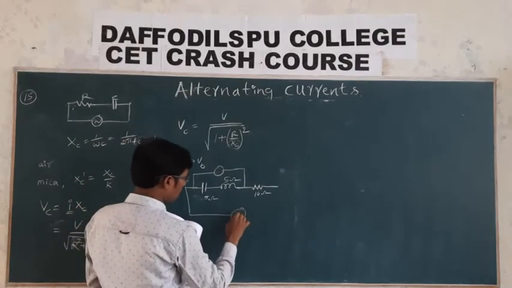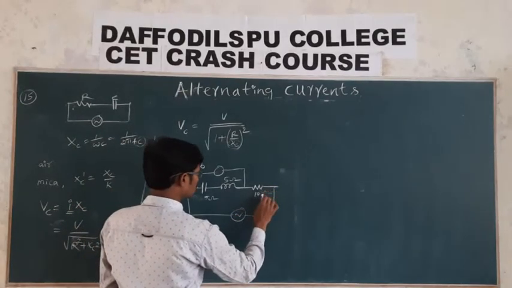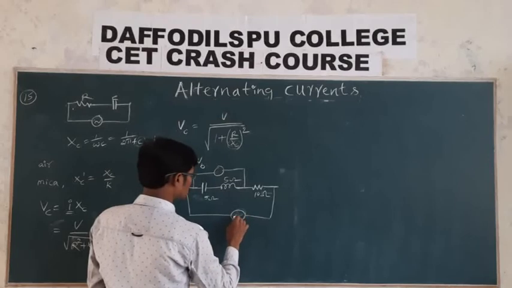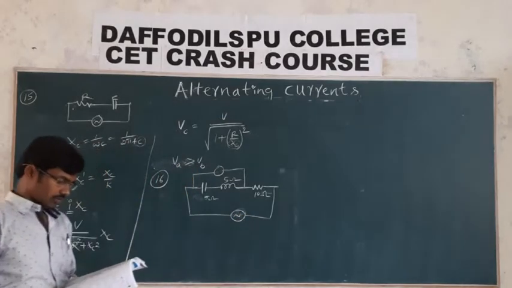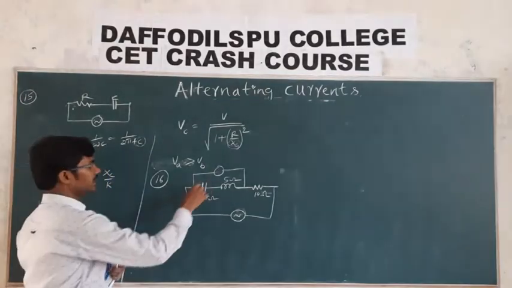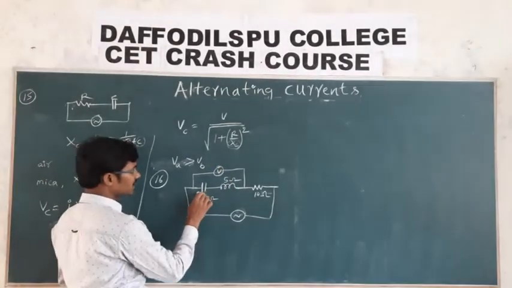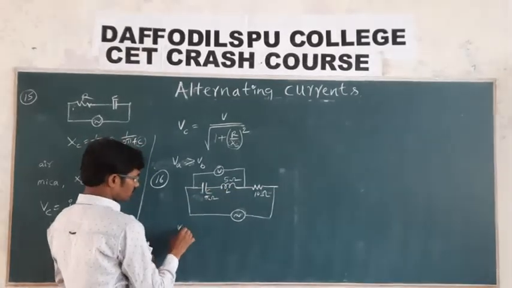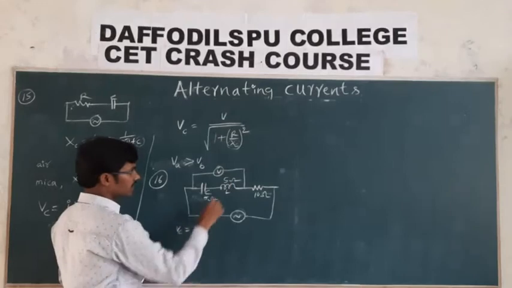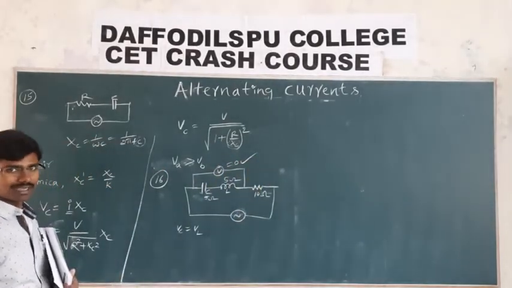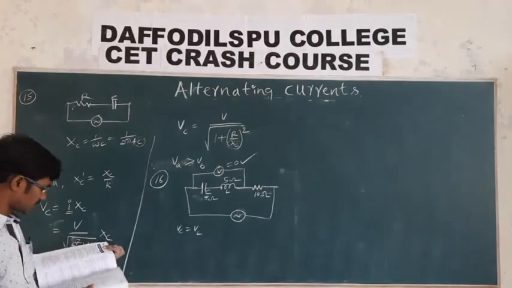What is the RMS voltage? The reading of the voltmeter we are asking. The voltmeter is connected across both the capacitor and the inductor. Remember, what is VC and VL? Then what is the voltmeter reading? V is equal to VC minus VL, which is 0. Third option.